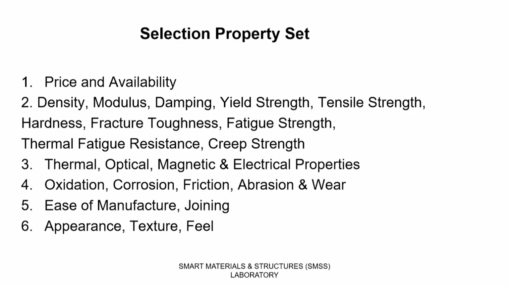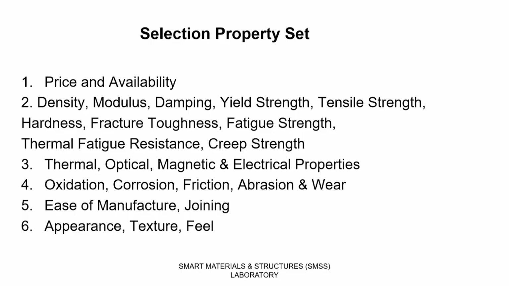We talked about very important criteria, that is price and availability of material, and then that whole array of mechanical properties, that is density, modulus, damping, yield strength, tensile strength, hardness, fracture toughness, fatigue strength, thermal fatigue resistance, creep strength, etc. This list is not full, but these are generally the criteria that we use.